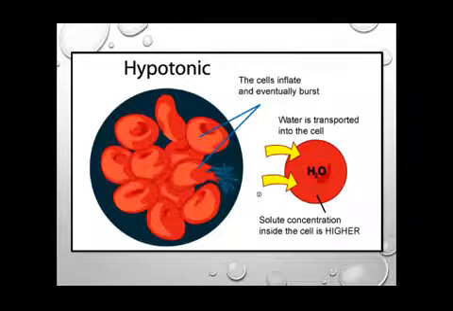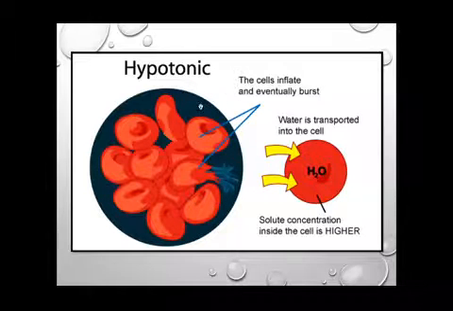And when this occurs, the cells start absorbing water, and they may swell up. So the cells can inflate, and it can also lead to the bursting of the cell. Such a type of solution which has a high concentration of water is known as hypotonic solution.